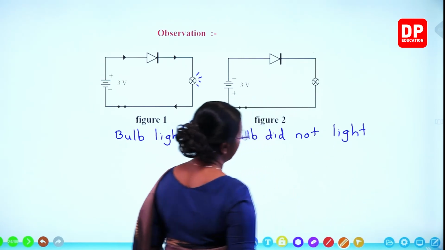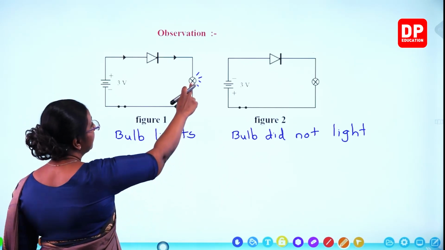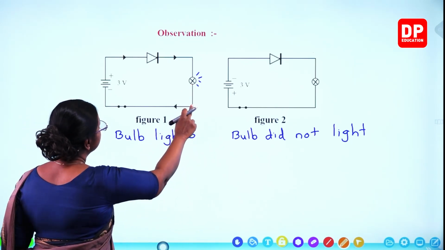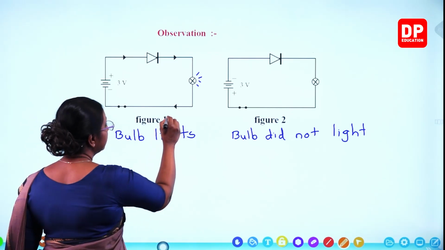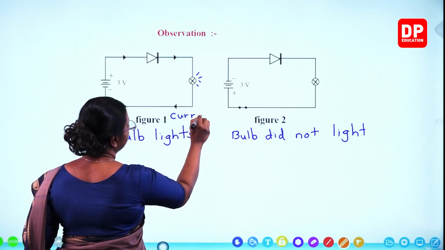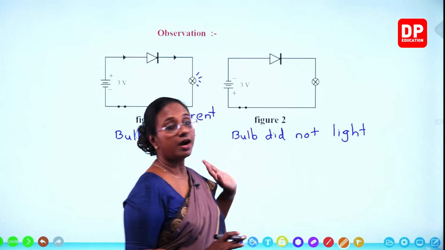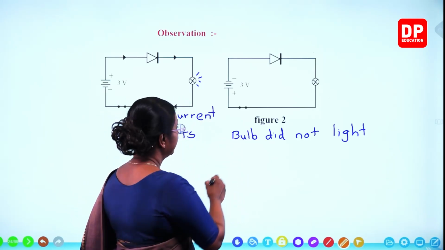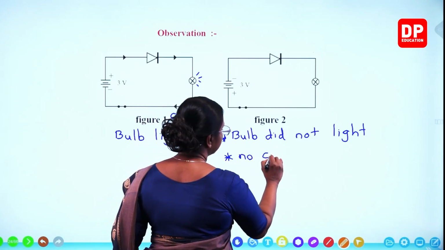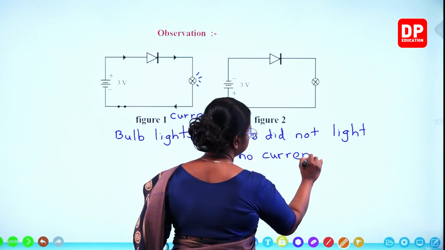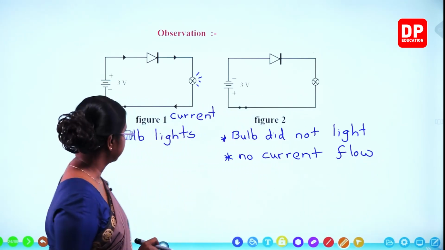Now what does that show us? Here the bulb lights. That means there is current flowing through this circuit. But here there is no current flow through this circuit, so the bulb did not light. So what happens?